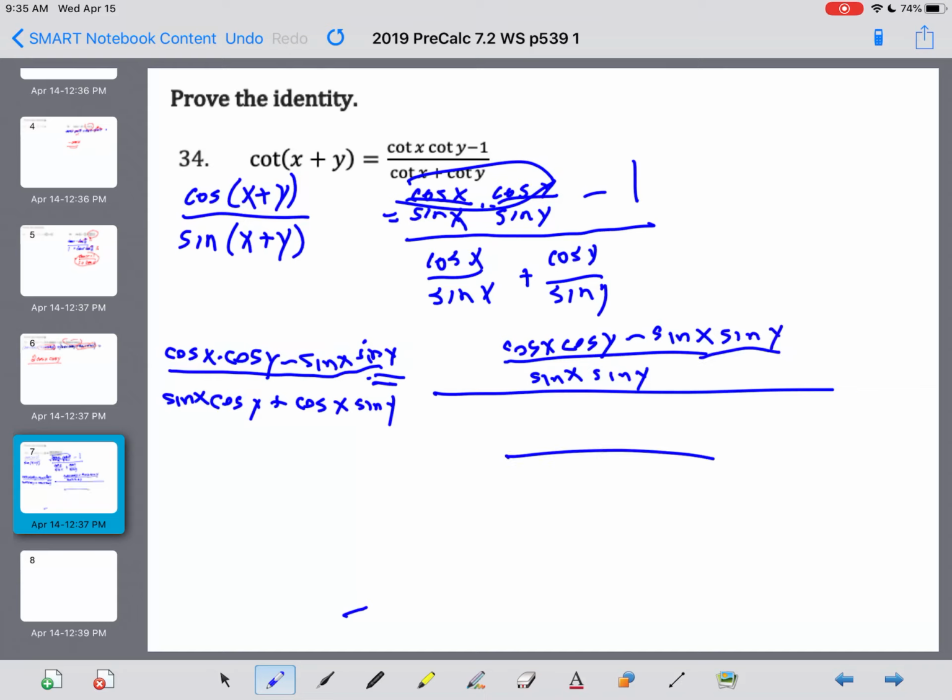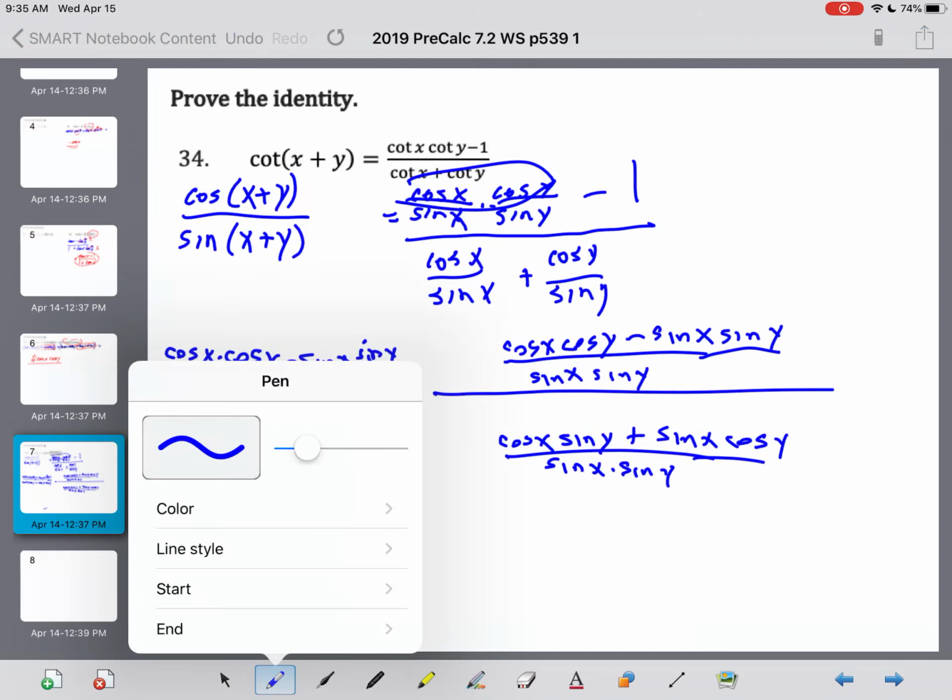In the bottom, we get a common denominator that's the same. And again, as I adjust, I'm going to get this cosine x sine y plus sine x cosine y.